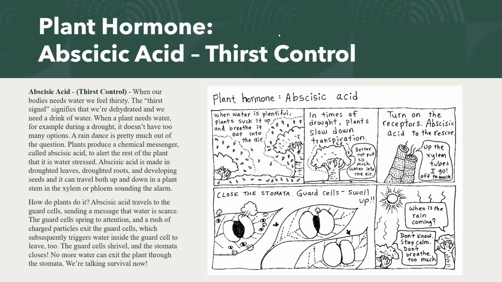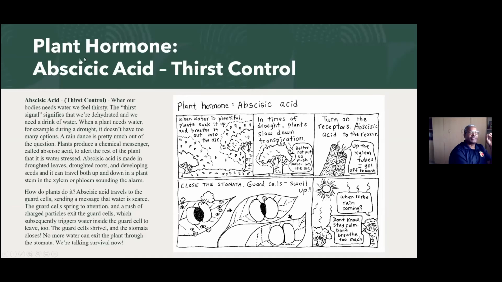All right. The last hormone is called abscisic acid, and that is thirst control. When I think of abscisic acid, I think of thirst control. When you see the leaves on your tree wilting, abscisic acid goes out.